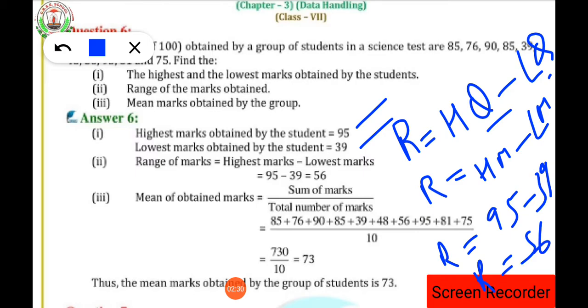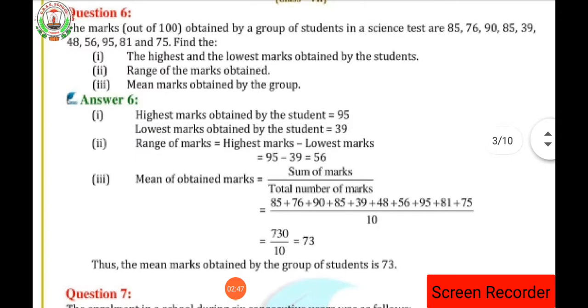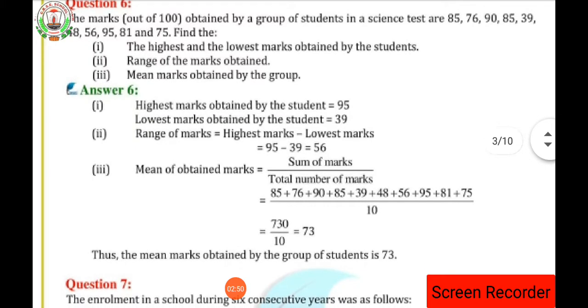Clear up to here? Then in the third part of the question, it is said: mean marks obtained by the group. Mean marks means we have to find the arithmetic mean over here. So what is the formula for arithmetic mean?